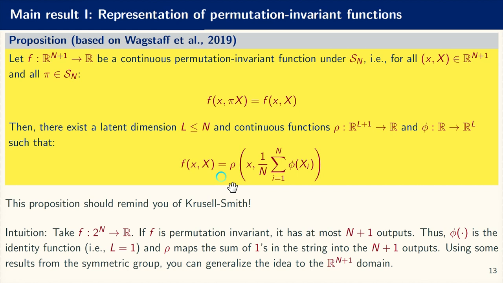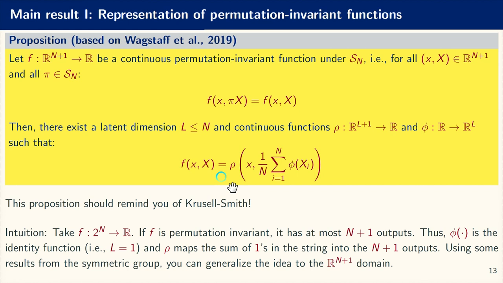This domain is gigantic. Take n to be 266, as I was mentioning before, more elements in the domain than protons in the universe. But let's suppose that you take a situation where f is permutation invariant. That basically means that you only care about how many ones there are in the string, but not where they are in particular, because you can always switch their position in the string.